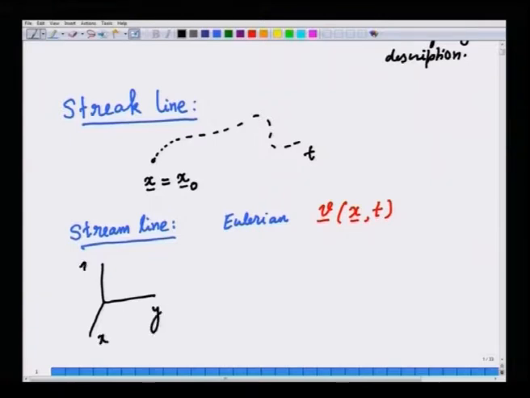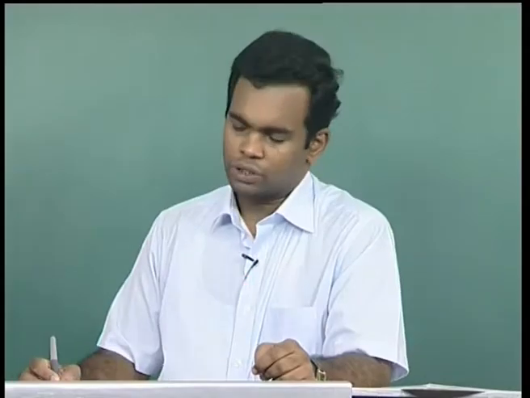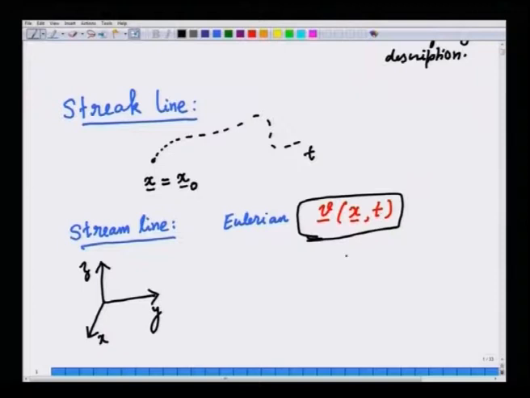And in this regard, you can visualize this vector function. How do I visualize this? Let us fix time t to some value. You can plot the velocity vectors at various points in space. For example, it might look like this.